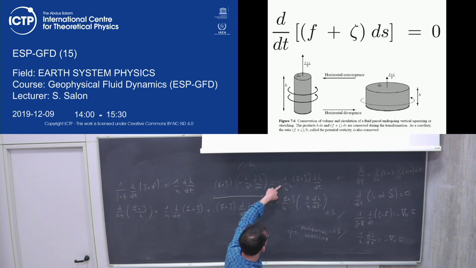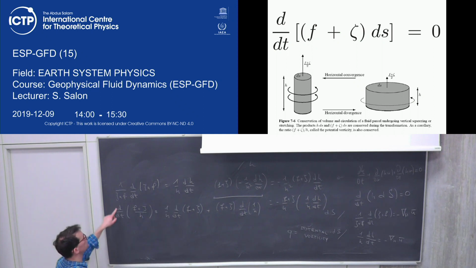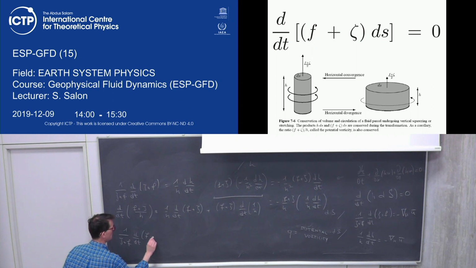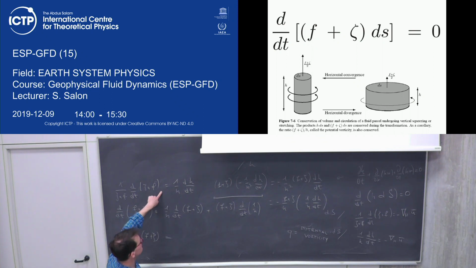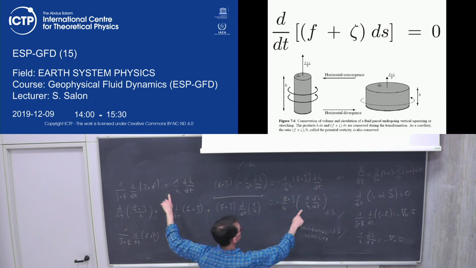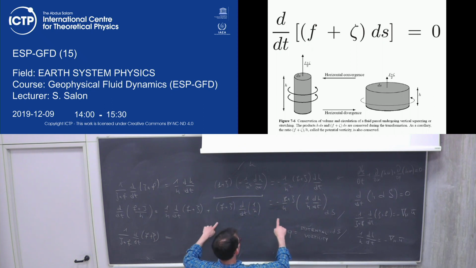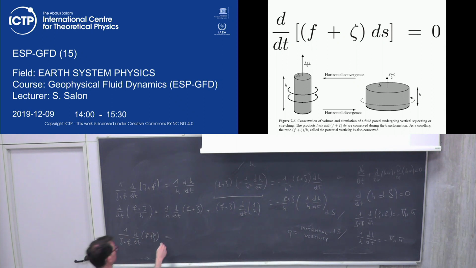I put minus 1 over h multiplied by this one, and I obtain 1 over h dh/dt. So 1 over h dh/dt is this one.